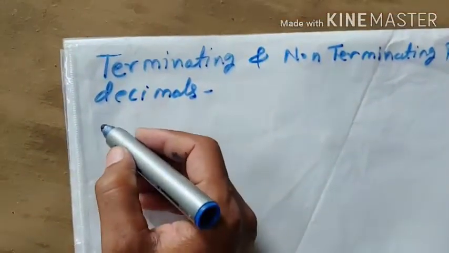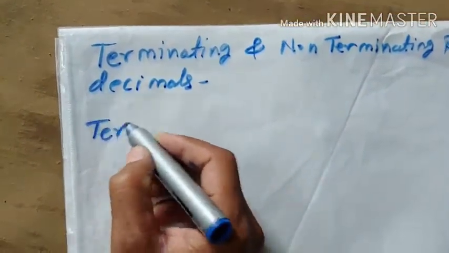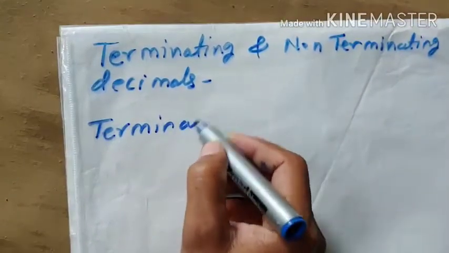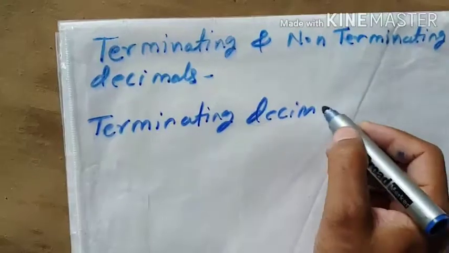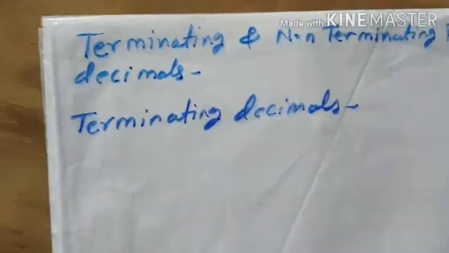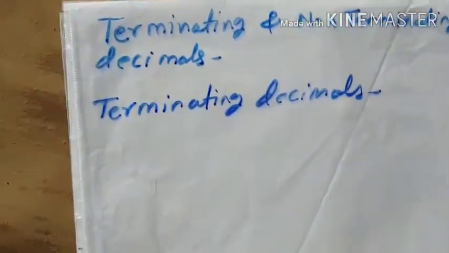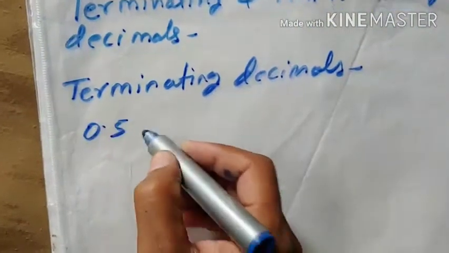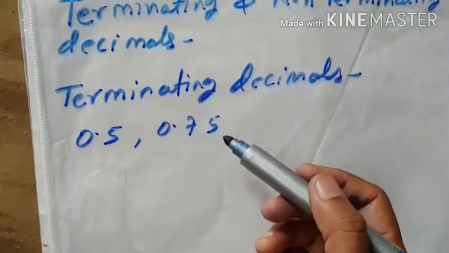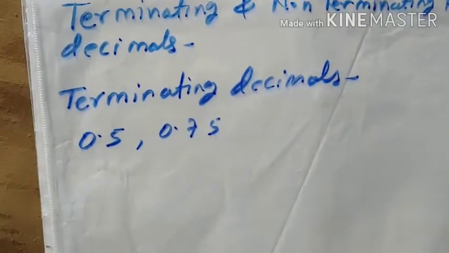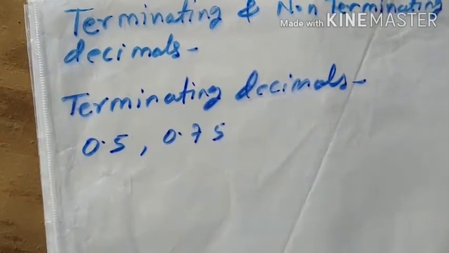Suppose I am taking the example of terminating decimals, 0.5 and 0.75. We will check whether these are terminating or non-terminating.